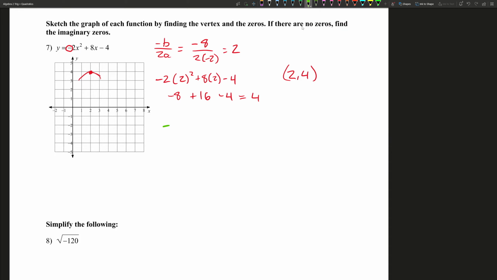Negative b, so -8, plus or minus the square root of b squared minus 4 times -2 times -4, all over -4. Simplify this. 64 minus 32.